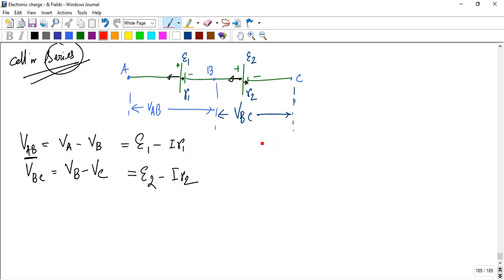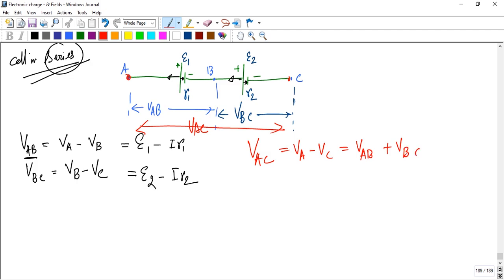So the total potential VAC equals VA minus VC, which is VAB plus VBC. We just add these two potentials to get the final potential, since the superposition theorem is satisfied. We just add them algebraically.